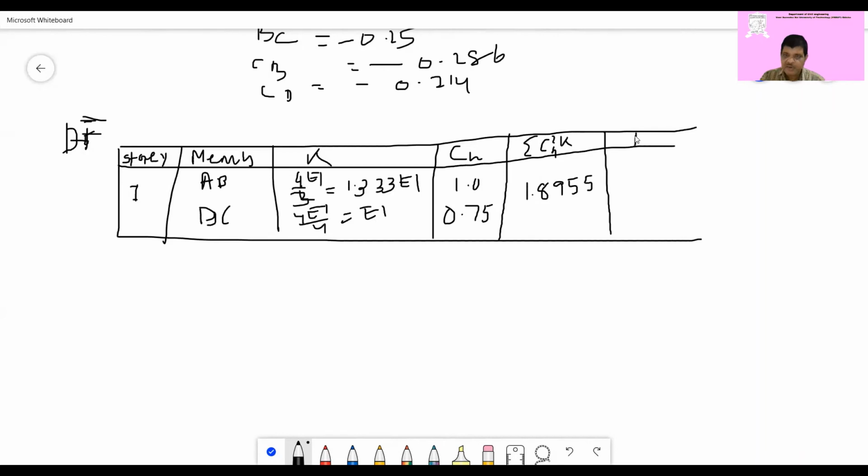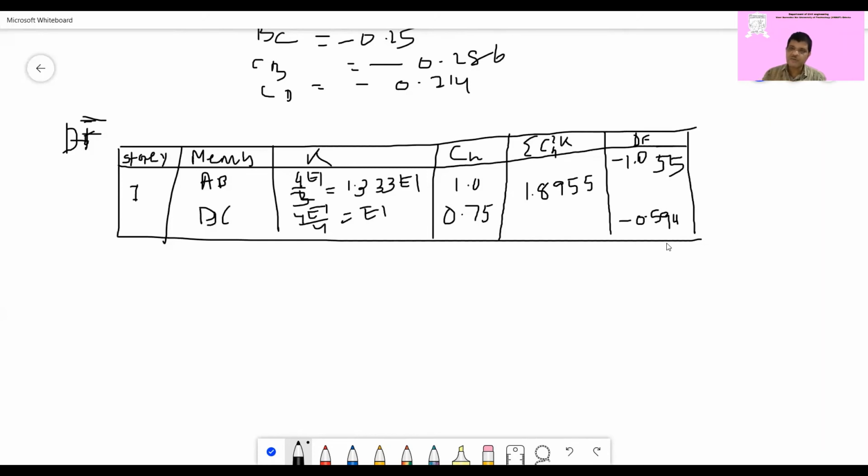Then you can find the displacement factor as I have already done. This value is coming minus 1.055, and here this value comes minus 0.59. Now please see here, this value will not be minus 3 by 2.